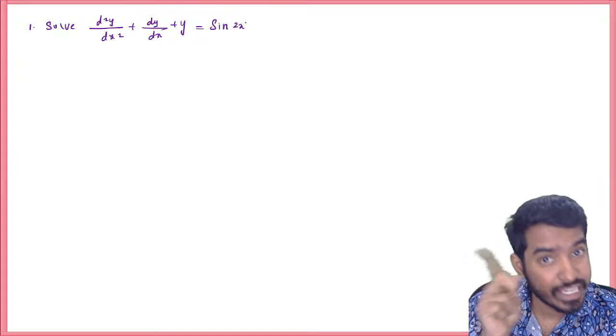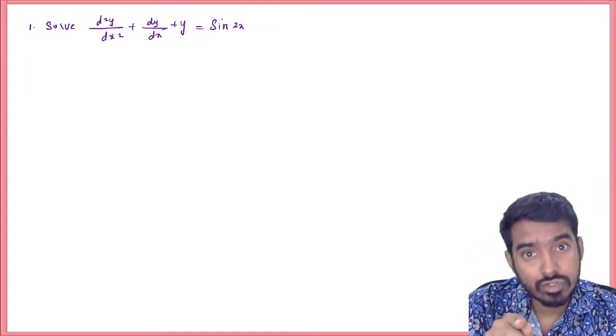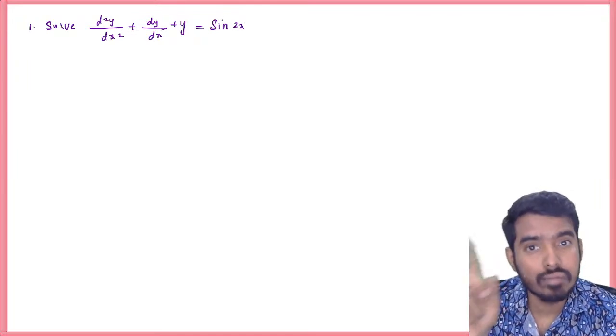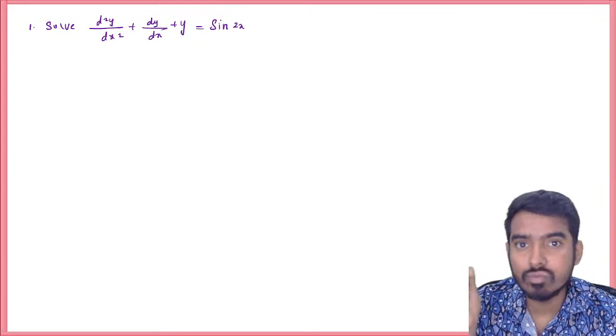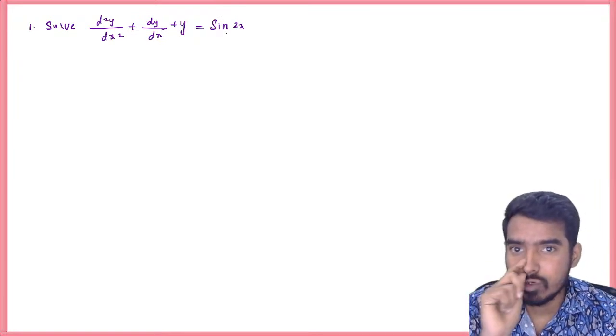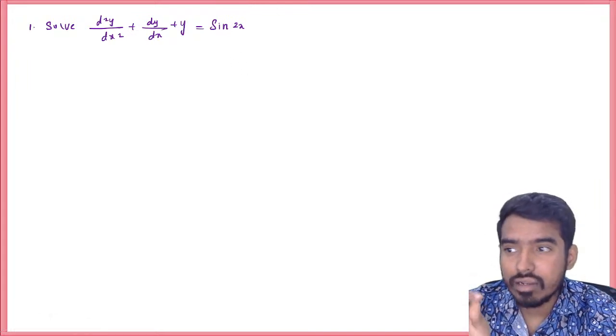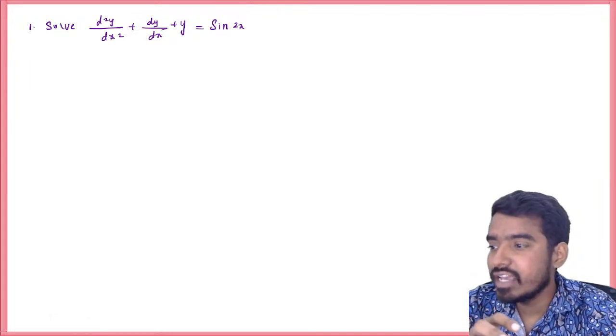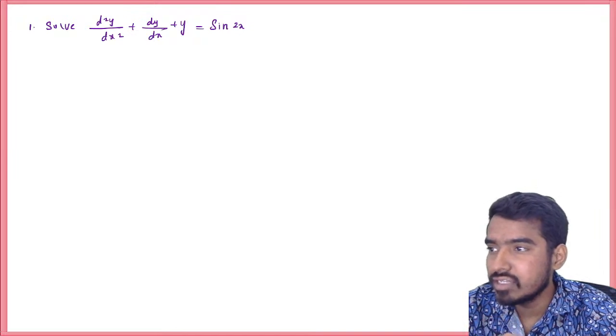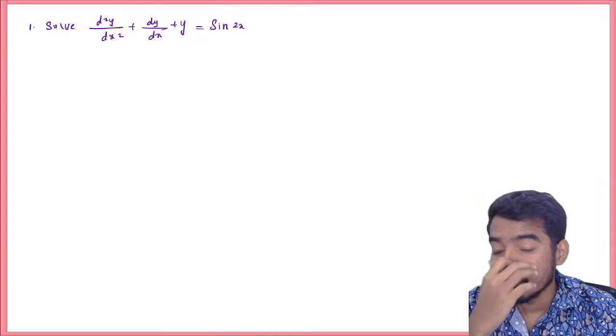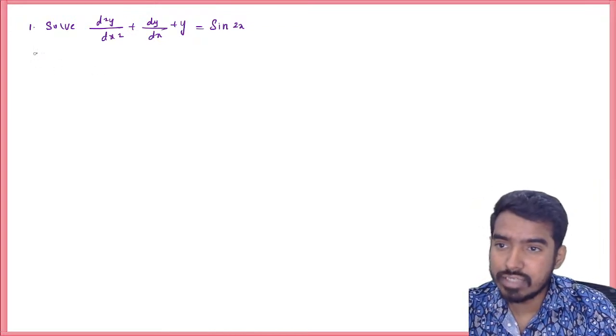This is not sinh 2x. If it is sinh 2x, it means e power 2x minus e power minus 2x by 2, which comes under type 1. Now this is type 2. We have only sin 2x, right? So RHS is sin ax, or it can be cos ax also. a is 2 here, right? So this comes under type 2, right? Okay, so we'll solve this.